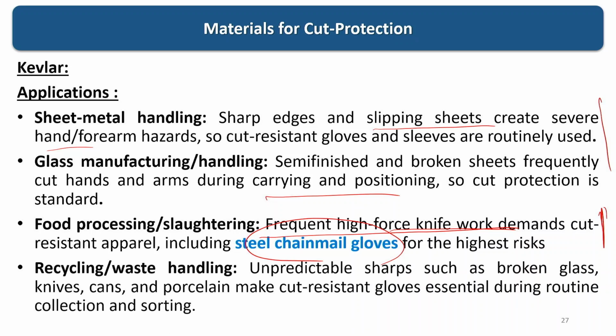In recycling and waste handling, there are unpredictable sharp objects, maybe broken glass, knives, cans, that may actually pierce our hand. So, cut resistant gloves are essential during routine collection and storing. Apart from this, I have already explained there are many other industries.